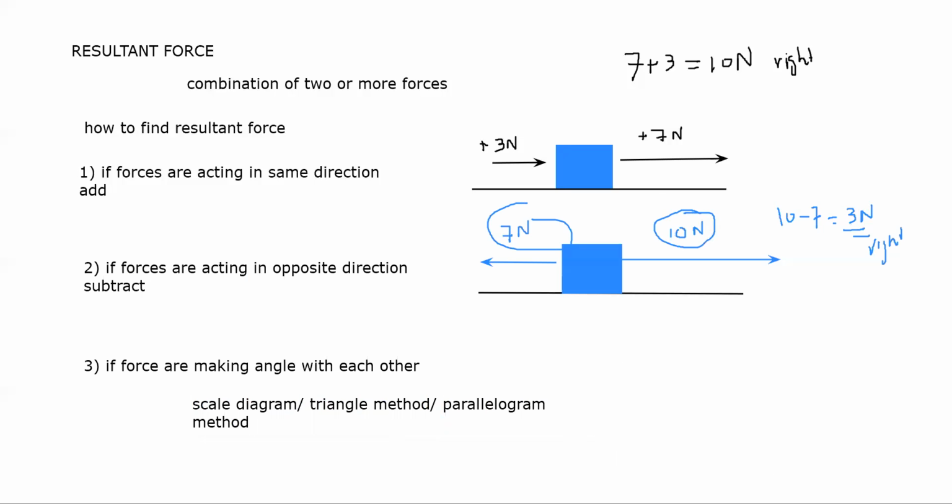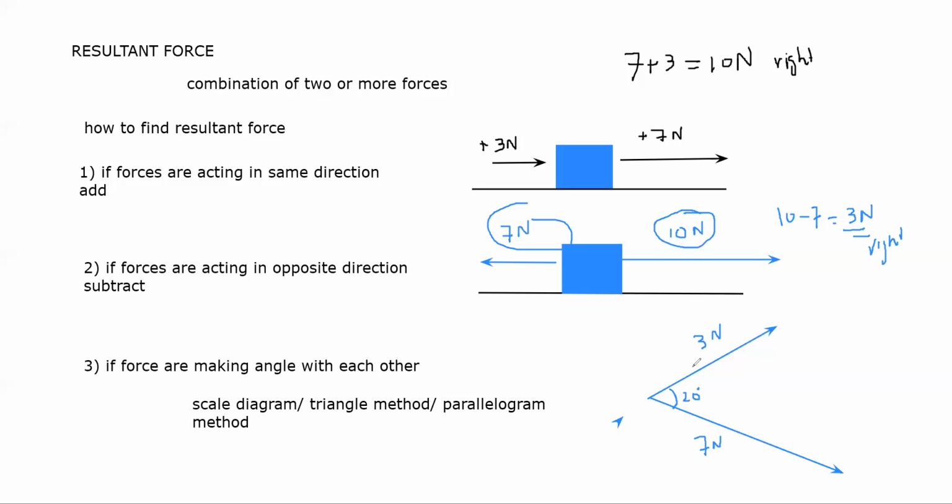So if the two forces are making a certain angle, for example, one is 3 Newton, another one is 7 Newton, and they make an angle of 20 degrees with each other, and I want to find the resultant of these two forces.